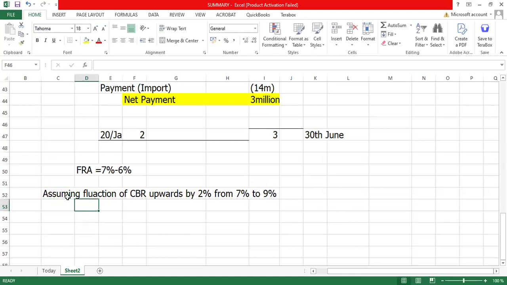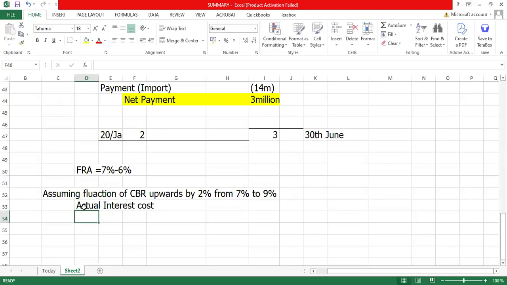If the rate increases by 2%, it will be 9%. What does that mean? Here you are making a payment. So what will be the actual interest cost? Do you have basis points here?